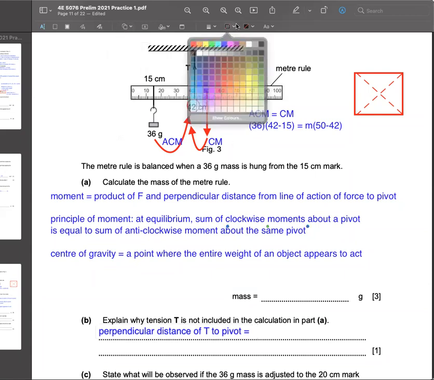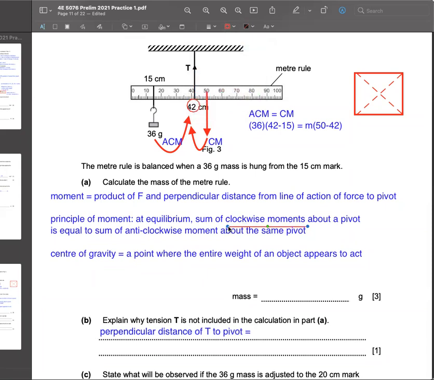This is the line of action of T, and the pivot is also there. So what's the perpendicular distance? 0. So what happens when distance is 0? Moment equals 0. Moment equals force times distance, right? So it will be 0. So that's why we don't need to talk about T.